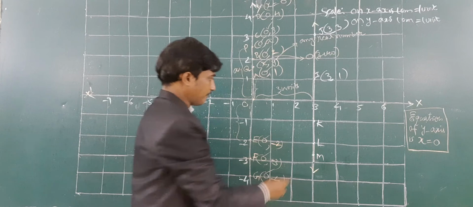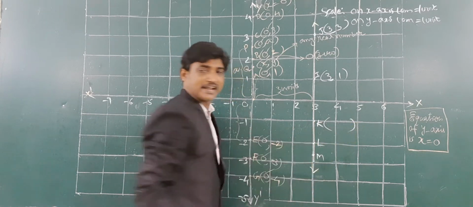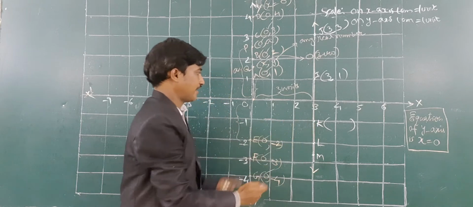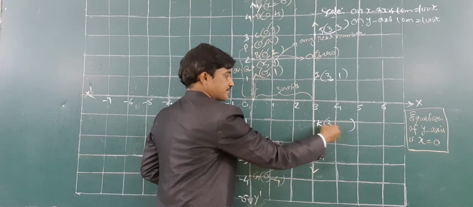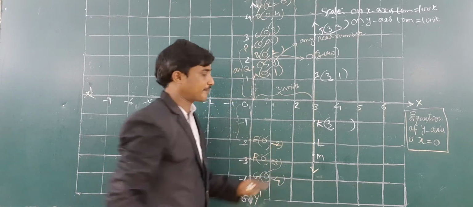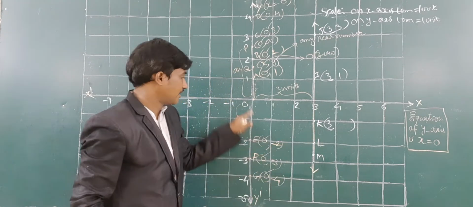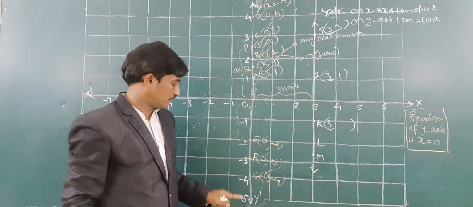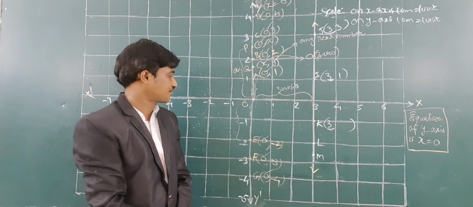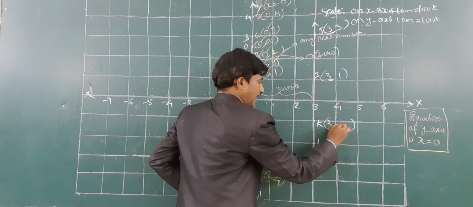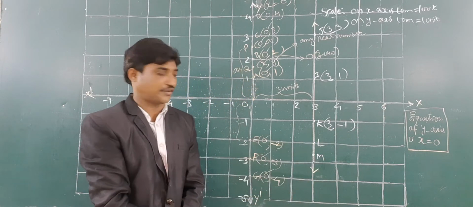In the same manner, for K, perpendicular distance from y-axis to the point is the x coordinate, and here the distance is 3 units. Perpendicular distance from x-axis to a point is the y coordinate. Here it is 1 unit, but it is along the negative y-axis, so the y coordinate has a negative sign: 3 comma -1.